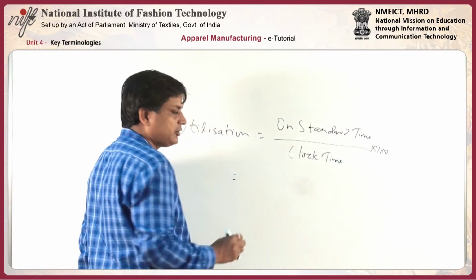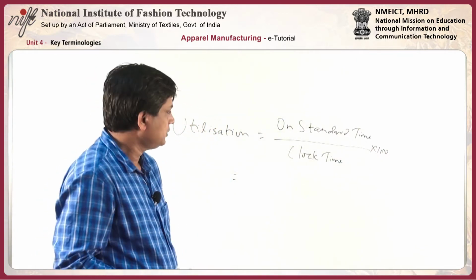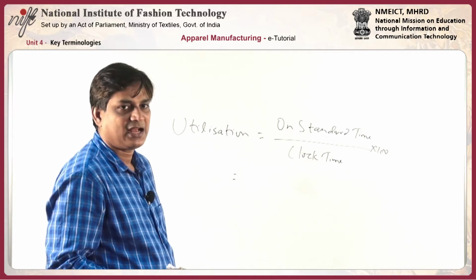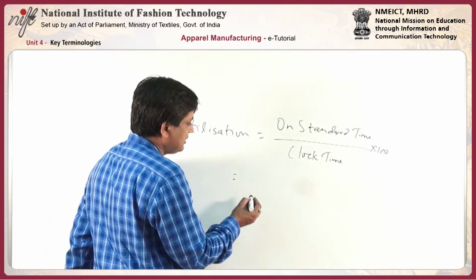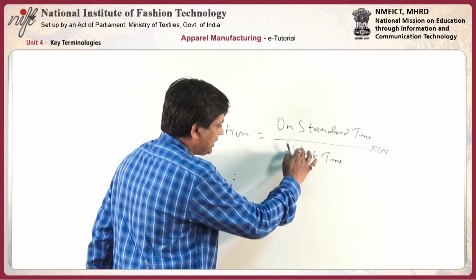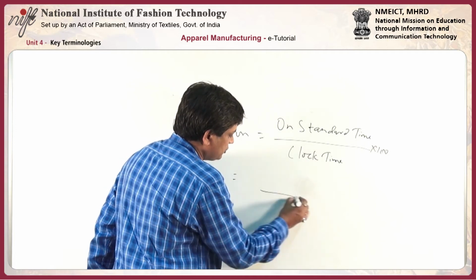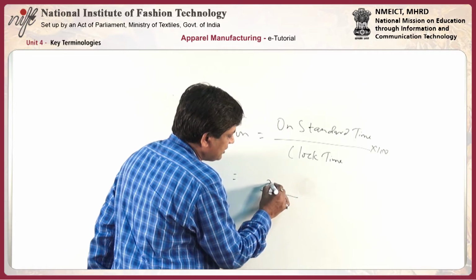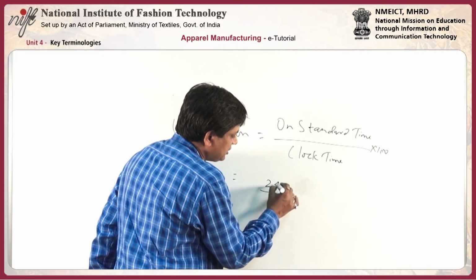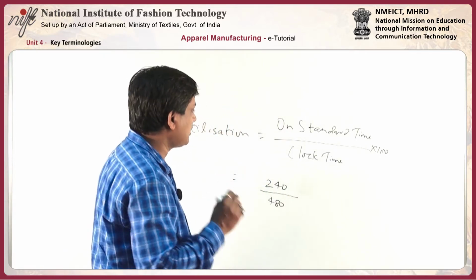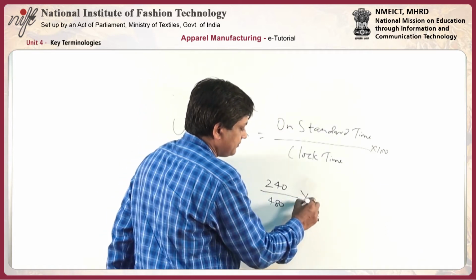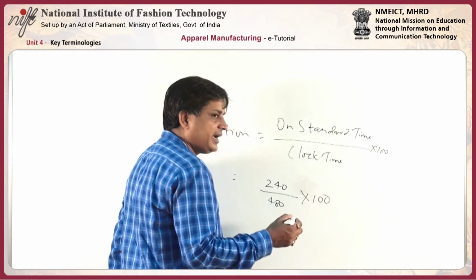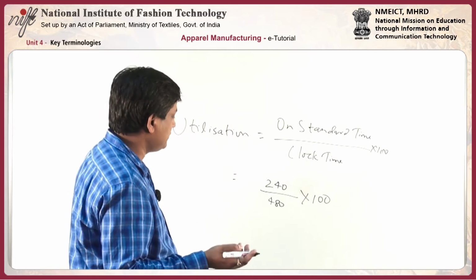So once we talk about the utilization of the operator, suppose the operator has worked inside the factory, and the clock time of that particular operator was 480 minutes. He was there for 480 minutes, but only 4 hours he was working on the machine, the rest 4 hours he was sitting idle because no job was assigned to him.